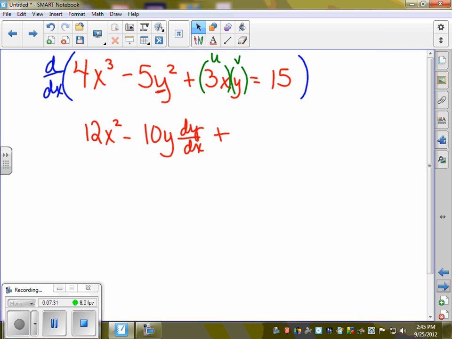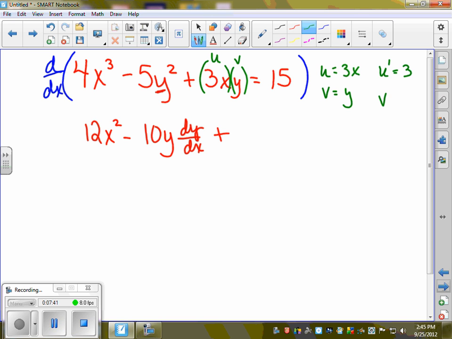So we'll just come off to the side here. Say if u is 3x and v is y, then u prime is 3 and v prime is dy dx. It's the derivative of y. Then we do our Jesus fish, and you're going to have 3x dy dx plus, and then the other diagonal would be 3y.